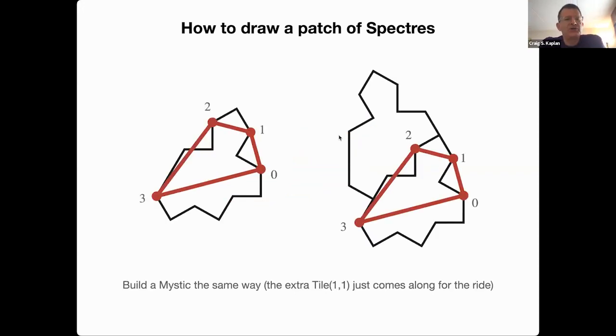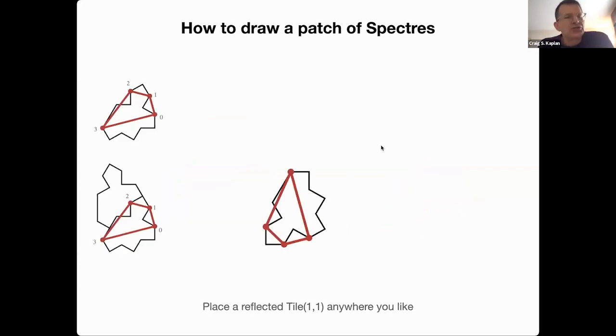And now I also need a mystic, as Chaim said. So my mystic will be identical to the tile 1-1, but it just carries along an extra copy of the tile rotated 30 degrees, just goes everywhere that the mystic does. All right, now to construct a cluster of this tile related to the clusters that Chaim just showed you, I'll just start by placing a tile that is reflected anywhere I want, doesn't matter.